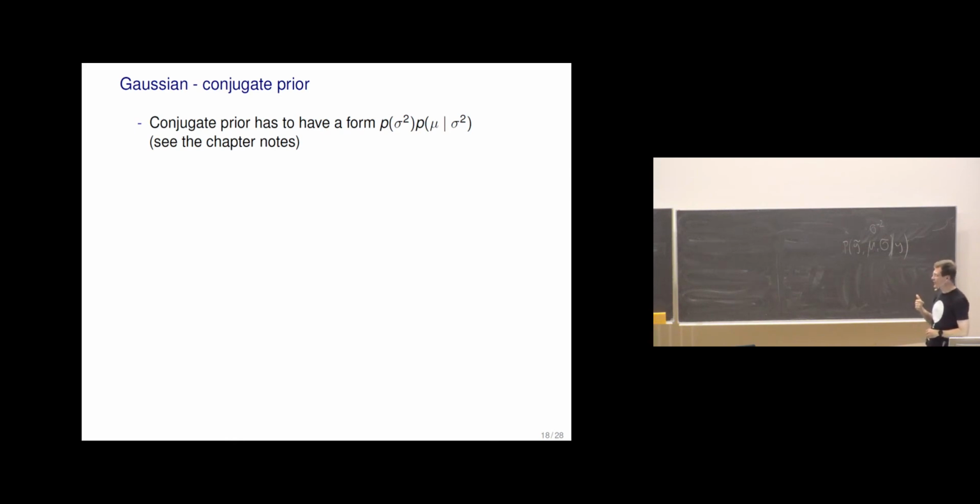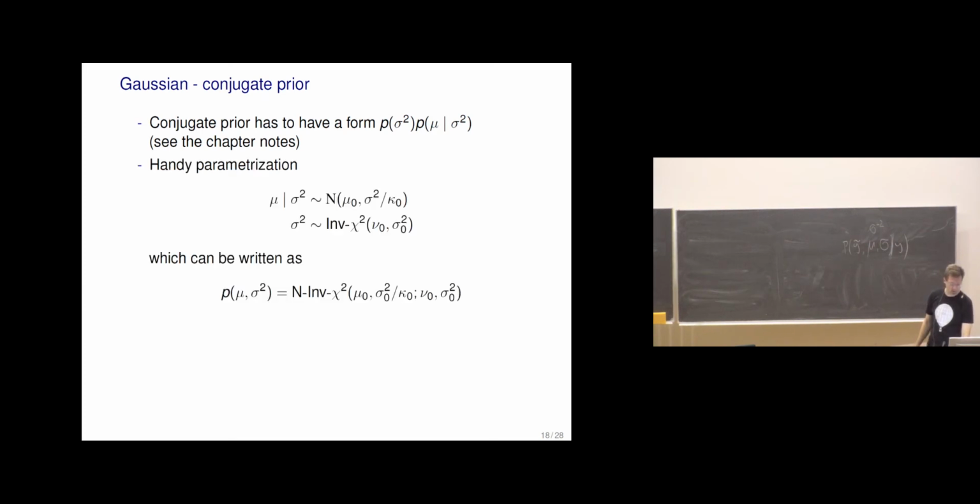For this normal distribution having these two parameters, it has to be this kind of factorized form, and from that we get this joint prior, which can be written as a normal inverse chi squared prior.